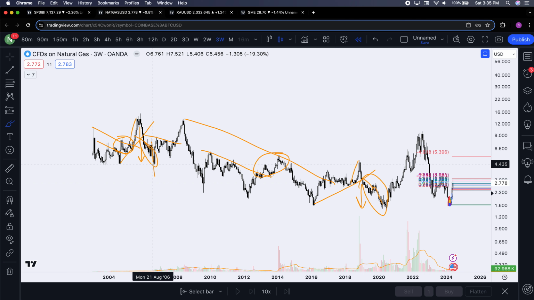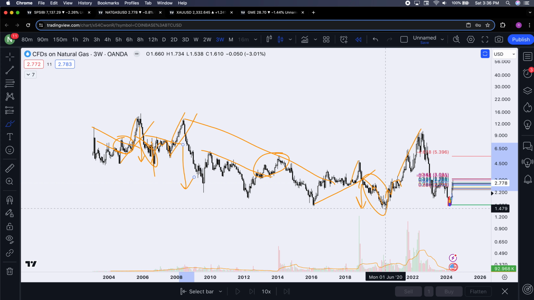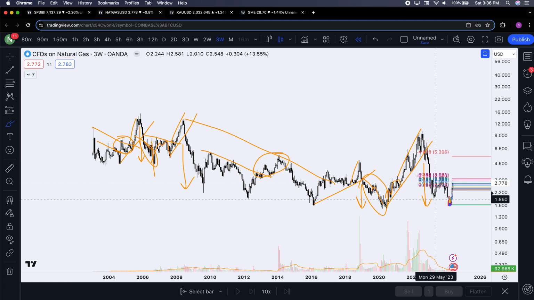And then what happened after that? Pushed up and consolidated, right? Just like right here, pushed up and consolidated. And then we had that big push up, just like we did over here. And then after we broke that trend line, started the cycle all over again. Broke the trend line, started this cycle all over again.